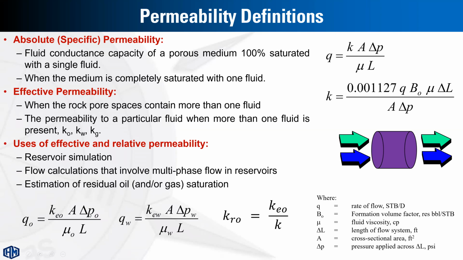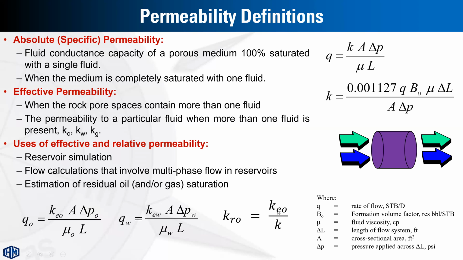So the applications of effective and relative permeability: for reservoir simulation models and any multi-phase flow calculations at reservoir conditions, relative permeability must be defined. Also, the estimation of residual oil saturation is among the applications of relative and effective permeability data.